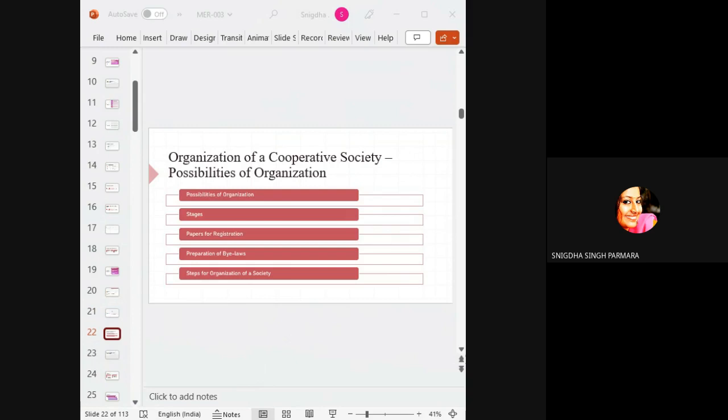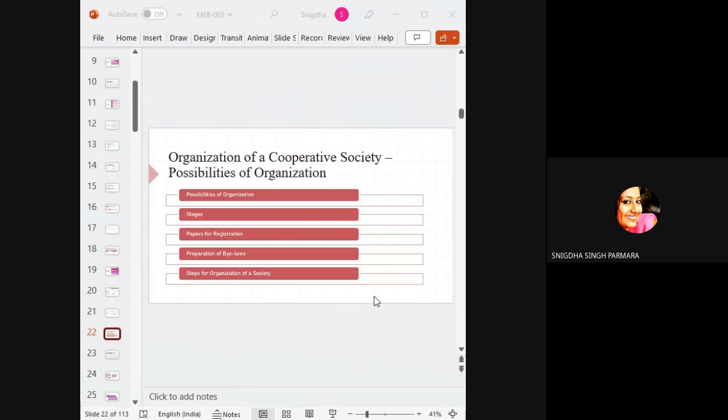While a group of women decide to register themselves to form a cooperative society for themselves, they need to comply with the norms of the Cooperative Societies Act, and they have to legally register themselves under the Act.